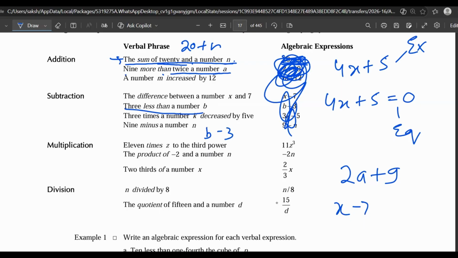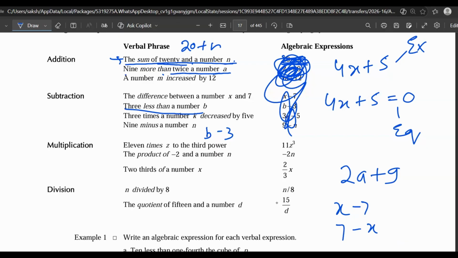Ma'am, I wanted to ask something. In the first statement given in the subtraction column, it is given the difference between a number x and 7. So it can also be 7 minus x. Yes, we don't know the value. Based on this case, the difference can be anything. One thing is which one is going to be larger, we do the subtraction of the smaller number from it.